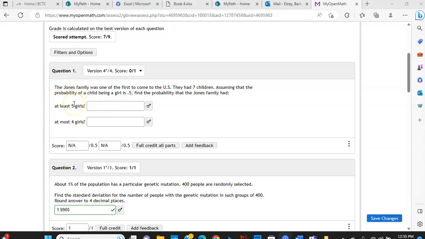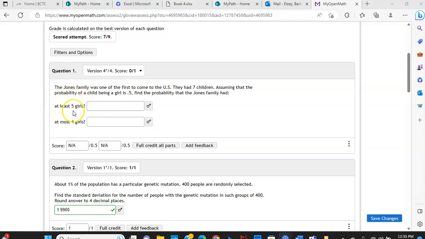But since Excel gives us less than, let's do the complement in Excel, and then we'll subtract what we get from 1. So the complement of having 5, 6, or 7 girls would be having 1, 2, 3, or 4 girls. And Excel, if we put in a 4 for our number of successes, would give us the 1, 2, 3, and 4 probability, all of those together.